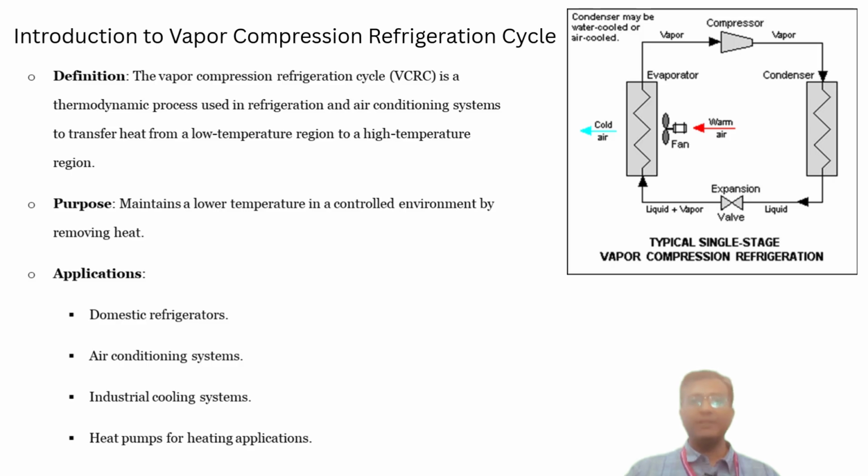Unlike power cycles that produce work, the vapor compression refrigeration cycle consumes work to move heat, making it essential for refrigeration and air conditioning. The cycle involves four key components: a compressor, condenser, expansion valve, and evaporator, which we will explore in detail.